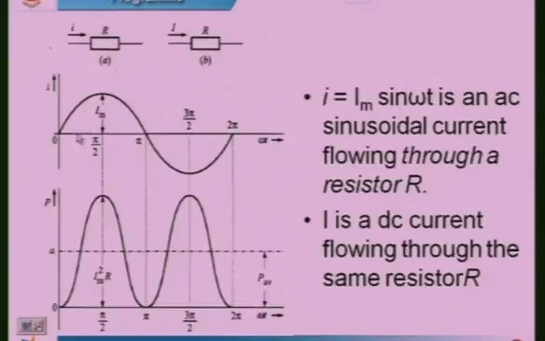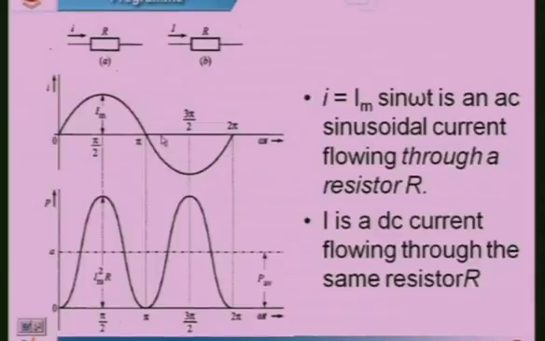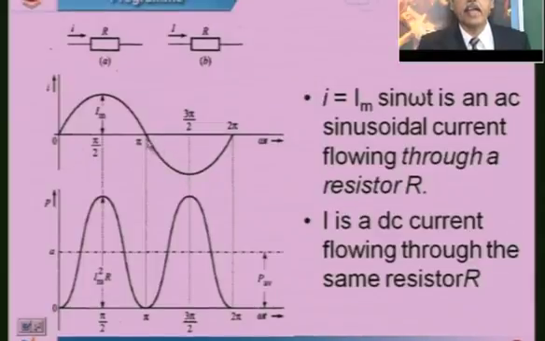And again during pi to 2 pi, as I have all negative values, when I square this, minus into minus gives a plus. Therefore I again get the i square curve as a positive one.